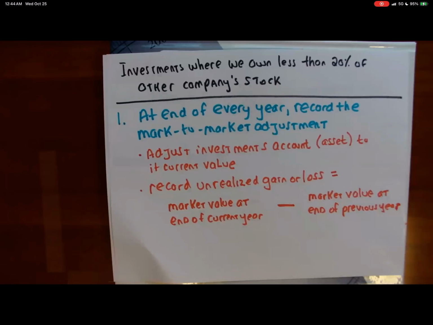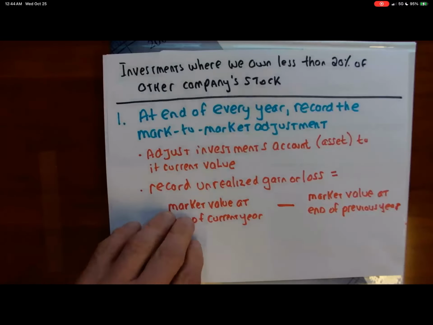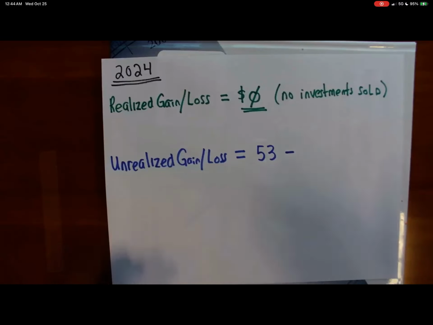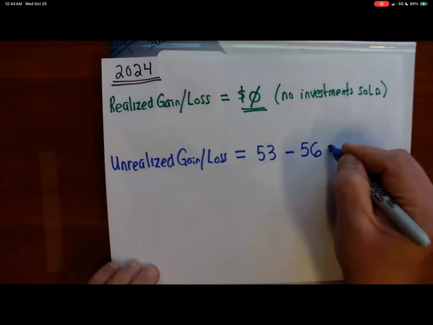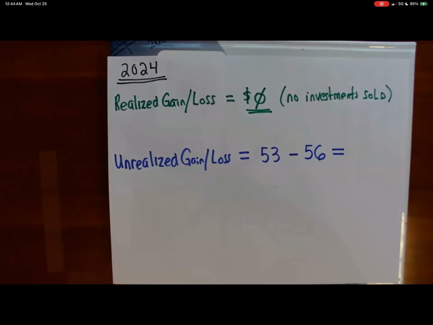Now, one thing that you guys need to pick up on or recognize is this is the first year, right? This is when we first bought them. There is no previous year. This is year one. So when we do the unrealized gain or loss calculation in that first year, I will compare what they're currently valued at to what I paid to buy them. And we paid $56 a share to purchase those shares. We paid 56.